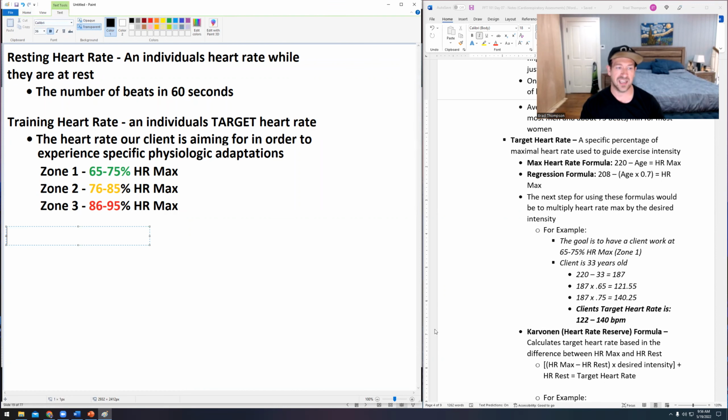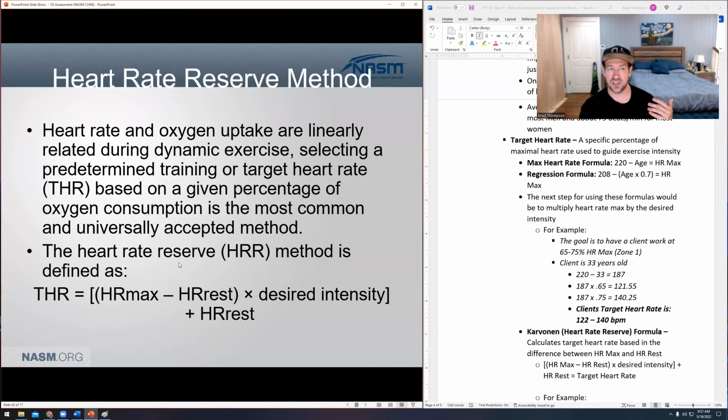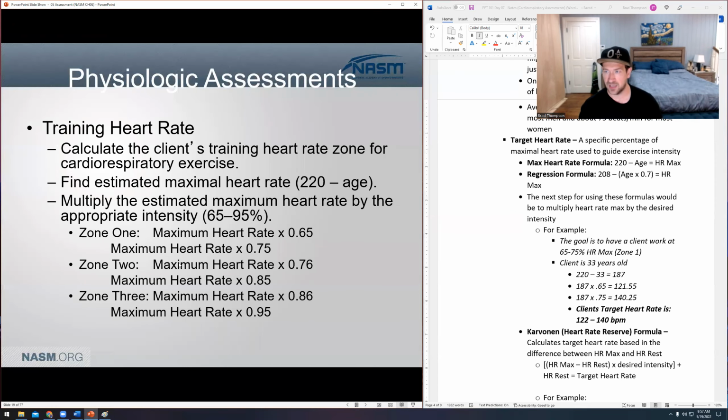Okay, so our next type of heart rate we got to talk about is max heart rate. And this is going to be an estimation of somebody's like highest heart rate. Okay.